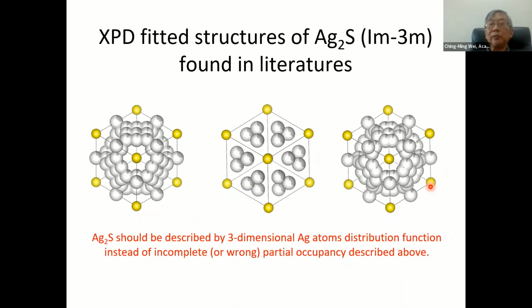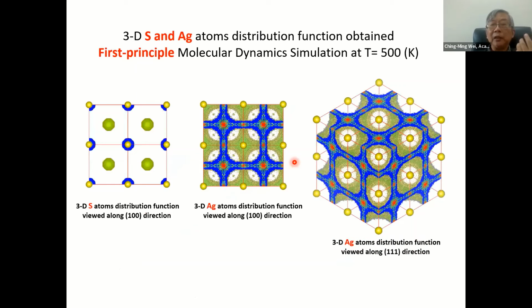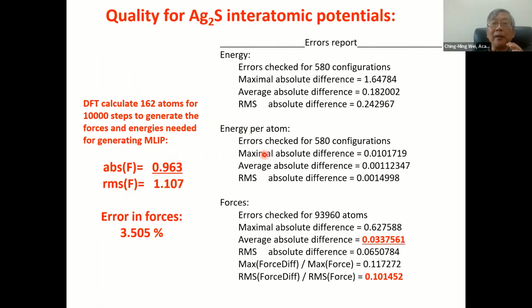For Ag2S, the experimental and theoretical structures are not in agreement with each other, and with first-principles molecular simulation we can get better, nicer results. However, we can use MTP to fit the machine learning interatomic potentials.